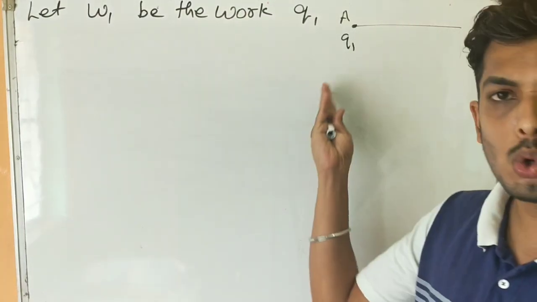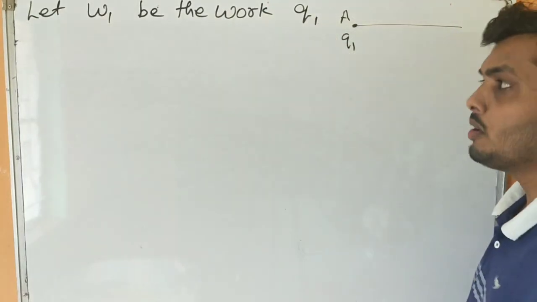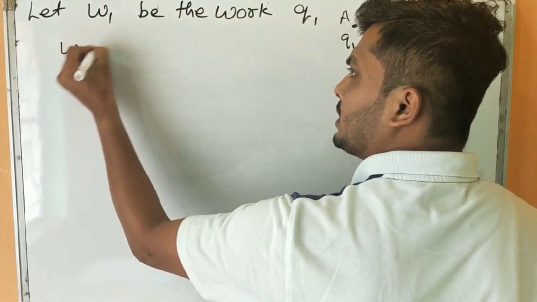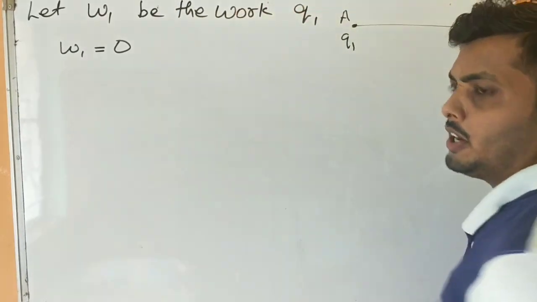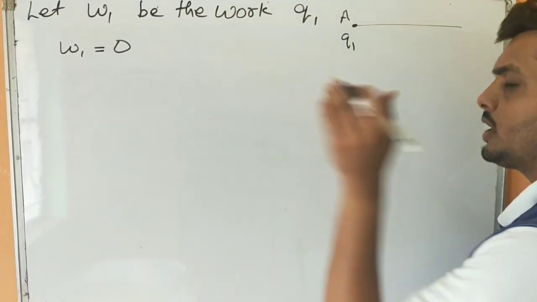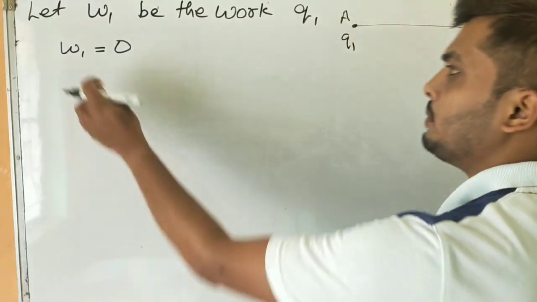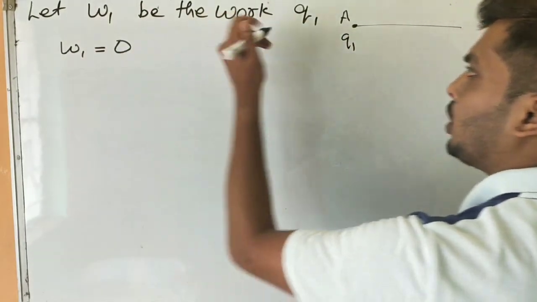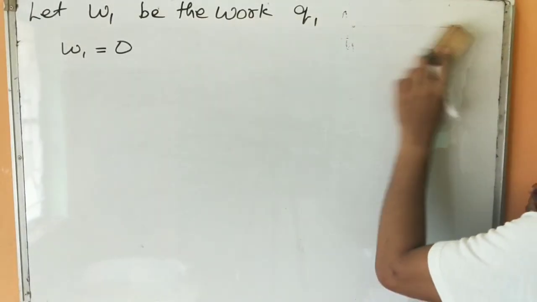So since there was no electric field, what amount of work is done by Q1? Obviously it will be 0. Yes or no students? Because the electric field is 0 and work is done against the direction of the electric field, which is 0 itself. So work done by this charged particle will be 0 because there is no force exerted on this charged particle. Understand students?